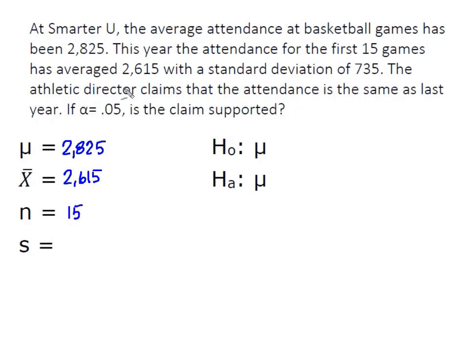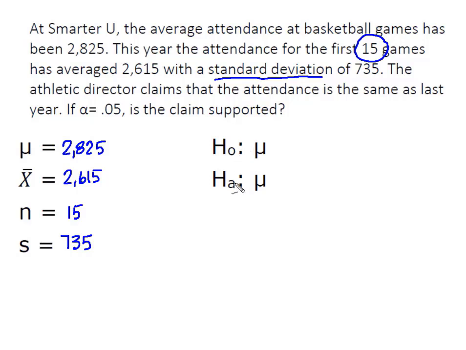And what you'll note here is that this standard deviation that's given is not for the population. It relates back to these 15 games. So standard deviation, or s, is 735. And remember, having the sample standard deviation instead of the population triggers a t-test.